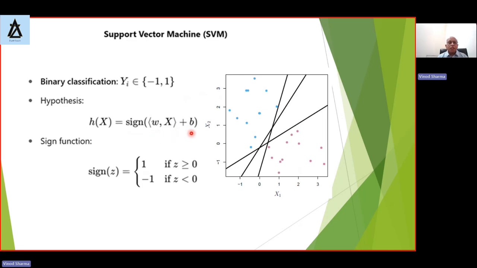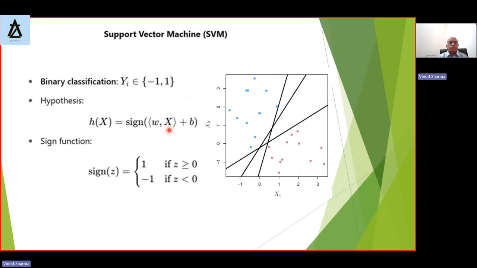Fixing w and b, the quantity inside the bracket is a linear function. If we equate it to 0, that will be a hyperplane in the vector space of x. The sign function is: sign(z) equals 1 if z is greater than or equal to 0 and equal to -1 if z is less than 0.